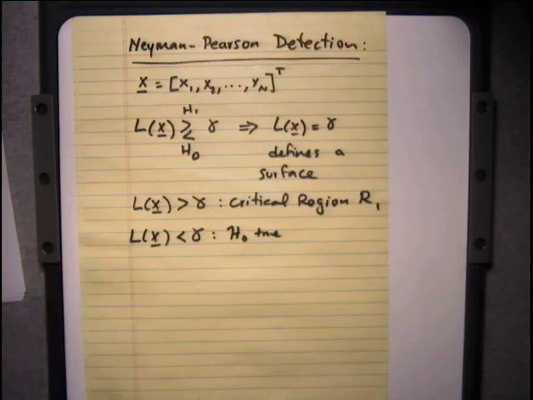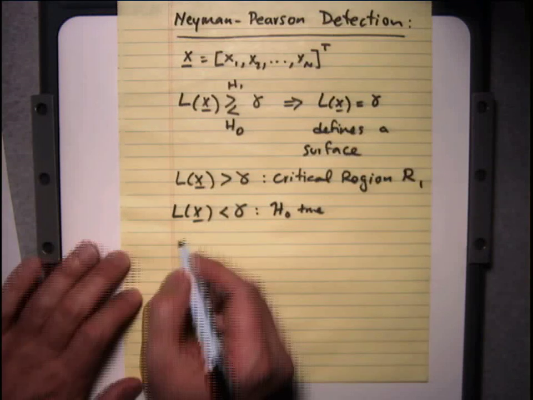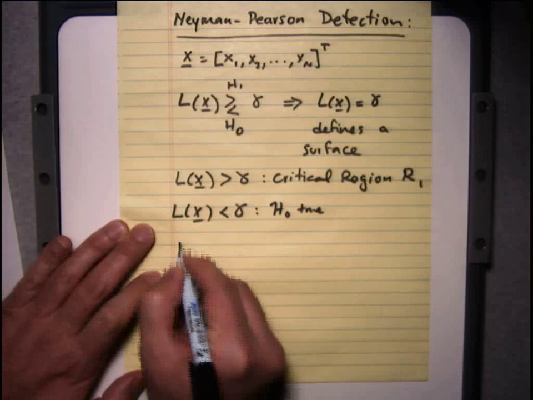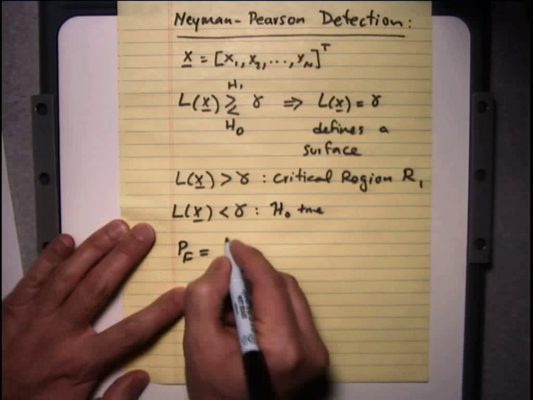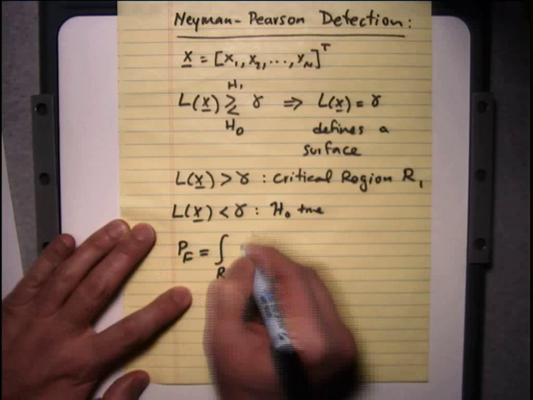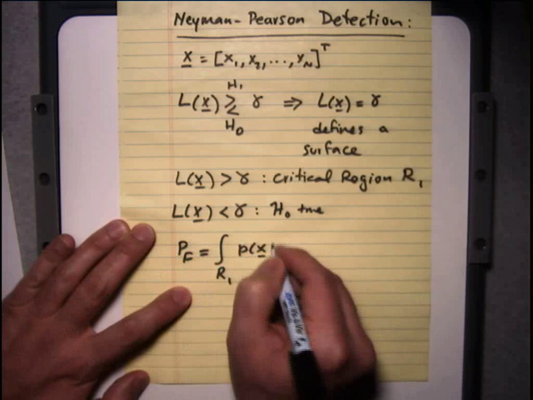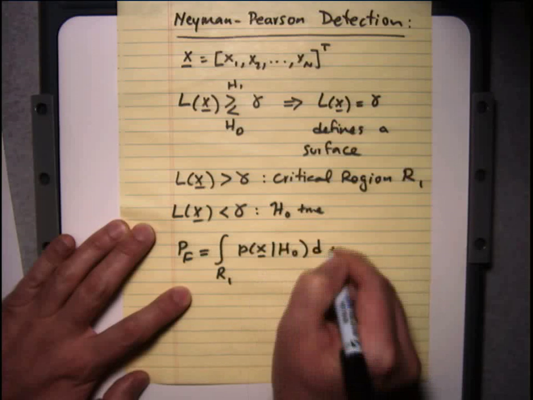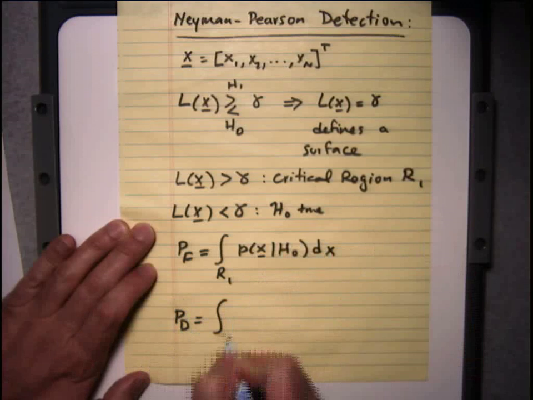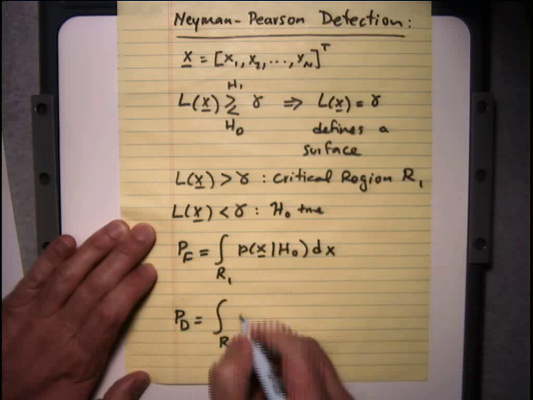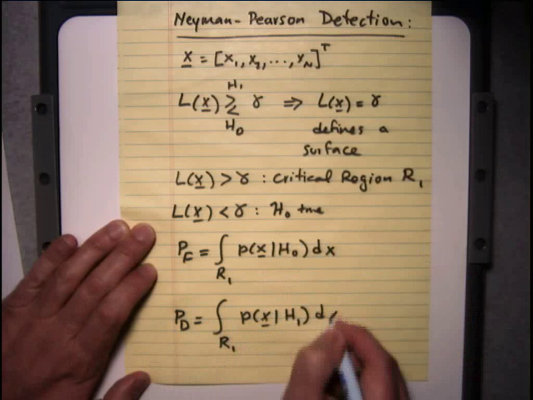Now, given these definitions, we wrote down the expression for the probability of false alarm as the integral over the critical region of the PDF of x given H0, dx, and the probability of detection was the integral over the critical region of the PDF of x given H1 this time, times dx.